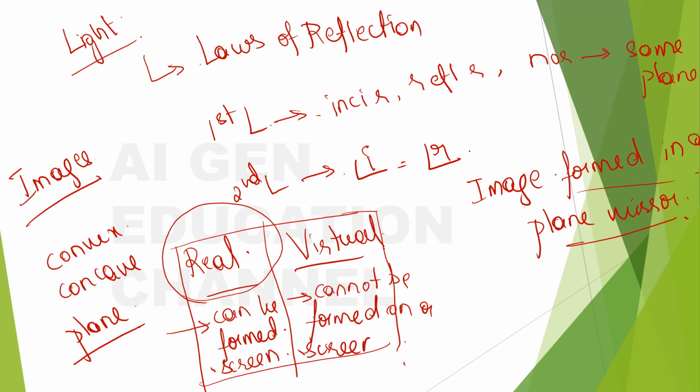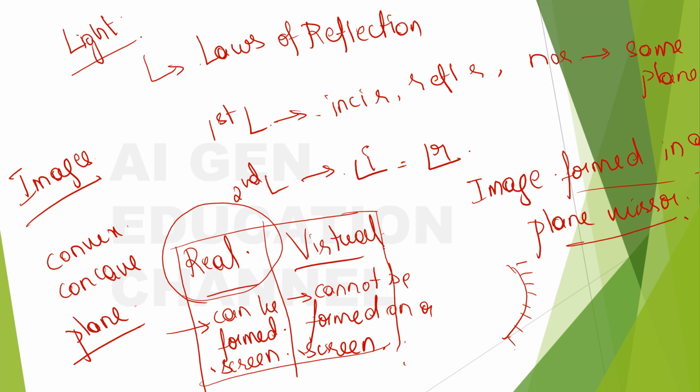The difference between the real image and virtual image is there because in a real image there is actual convergence of the reflected rays. If I get into these details you will get confused, so just see this. At this point, you have to understand that in the real image you can see the image on the screen, and in the virtual image you cannot.